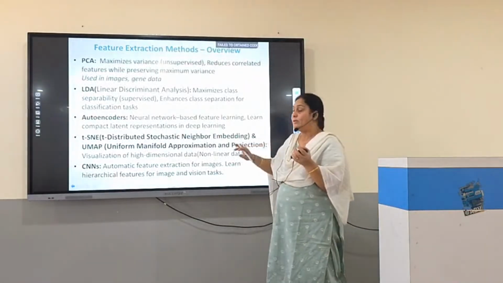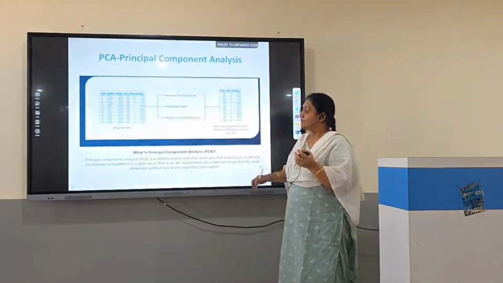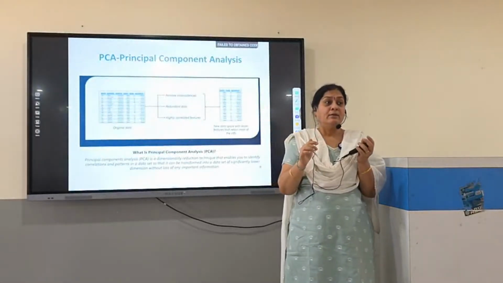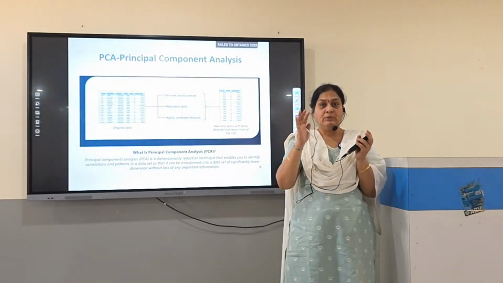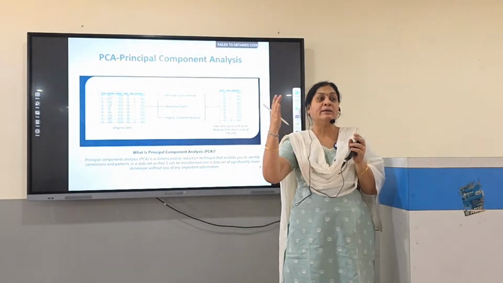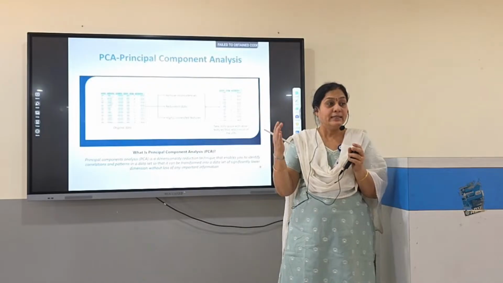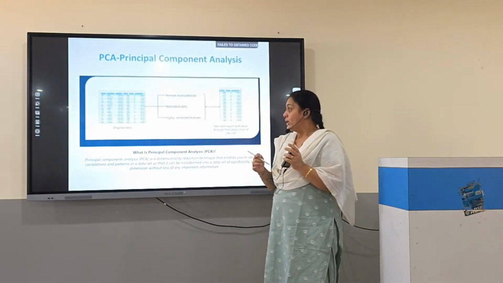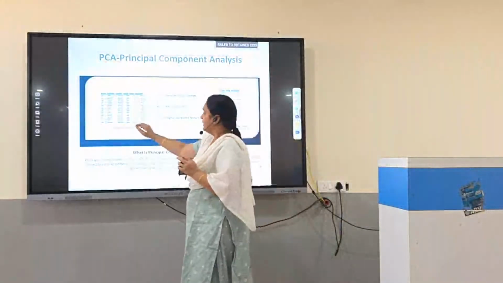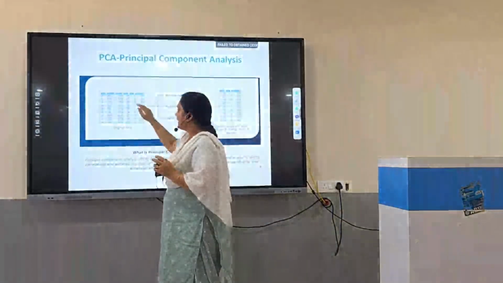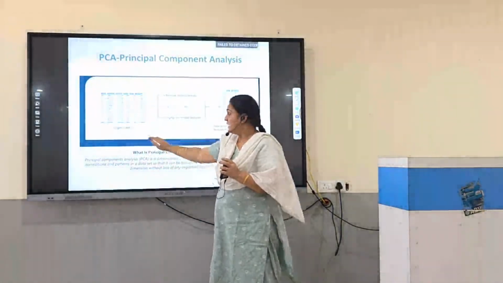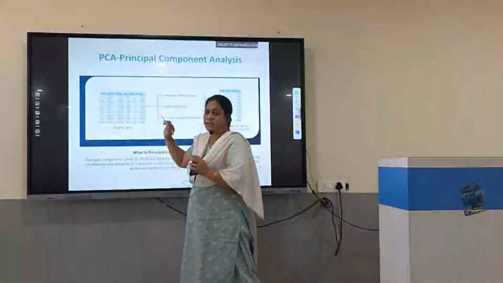So now we will be learning about what PCA is. PCA transforms your d-dimensional data into some k-dimensional data. You are reducing the number of dimensions. For example, your original data is described using so many dimensions.